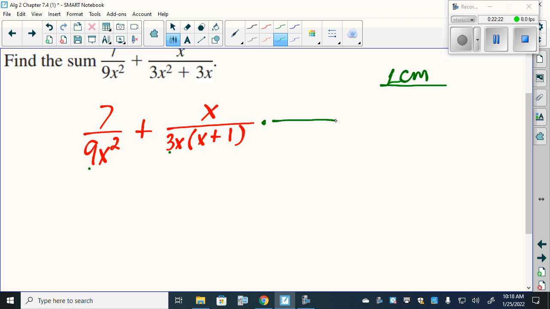Okay. And whatever I do to the denominator, I'm going to have to do to the numerator. What else do I need to do to this 3x to get it the same as 9x squared? So we need the x to become x squared, yes? How can I change x into x squared? Multiply it by x.